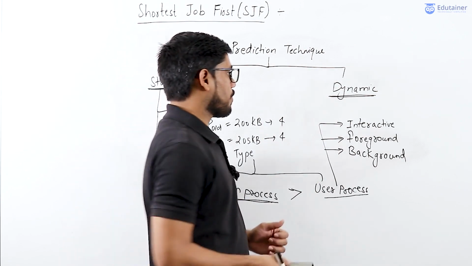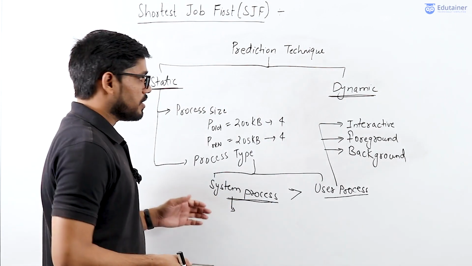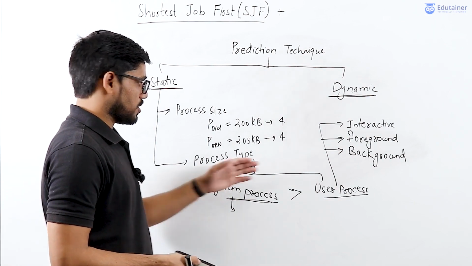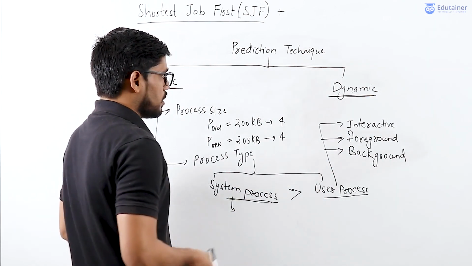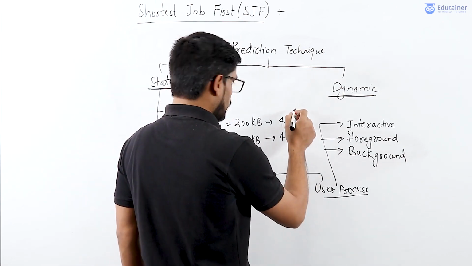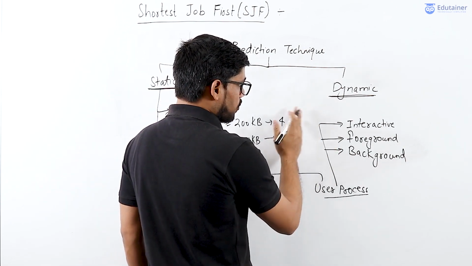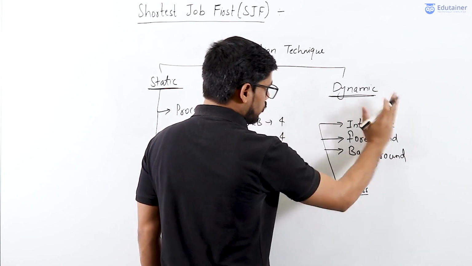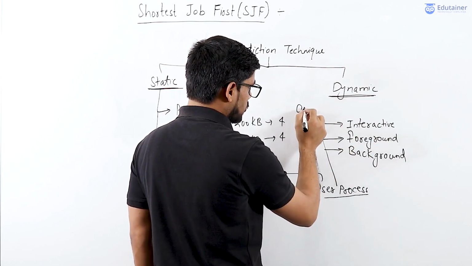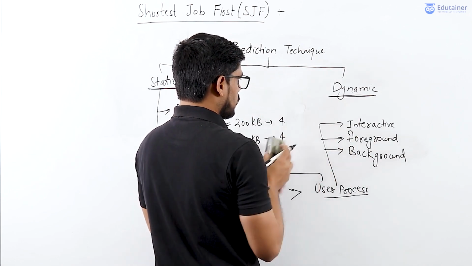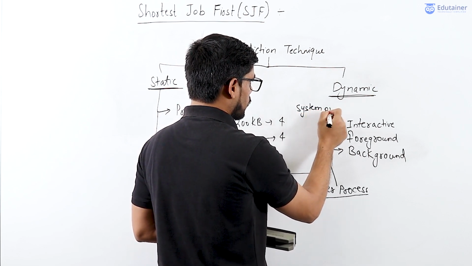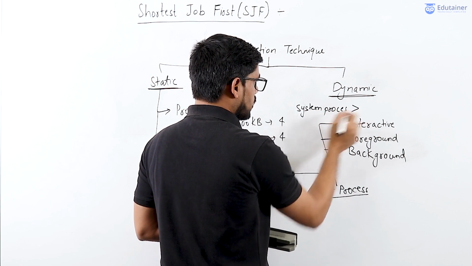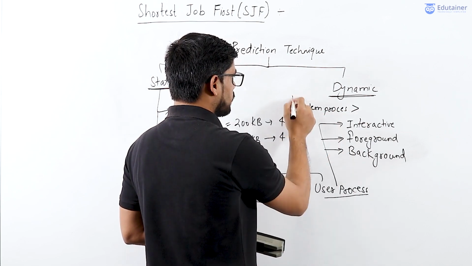So if I allocate the burst time to the different processes, the system process and these various user processes, then the burst time goes from smaller to larger. The operating system or system process has the least burst time.